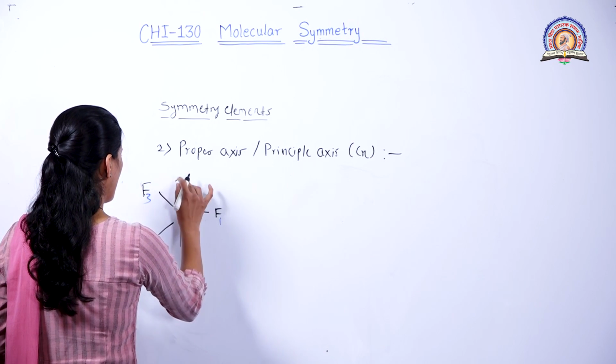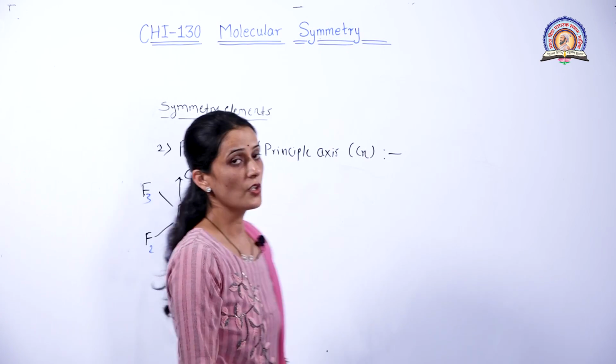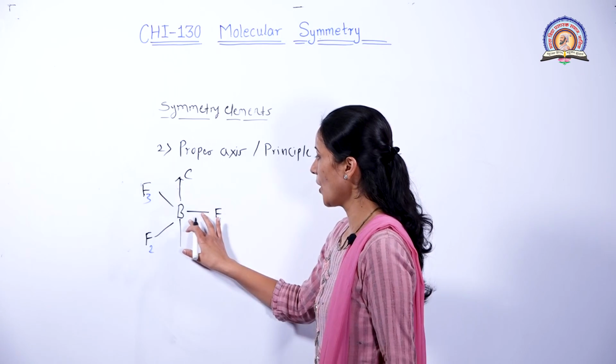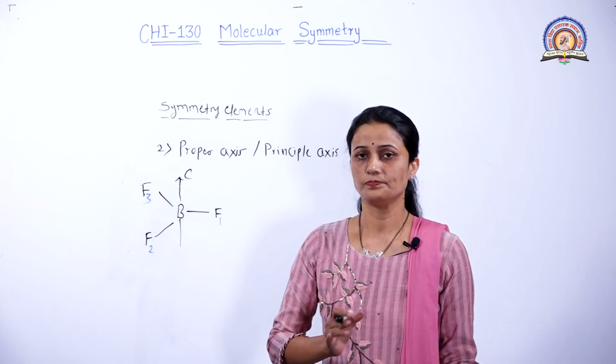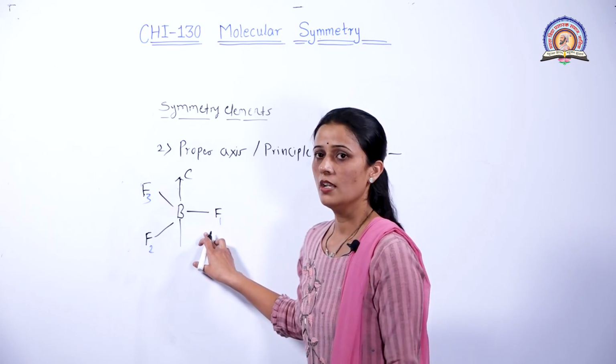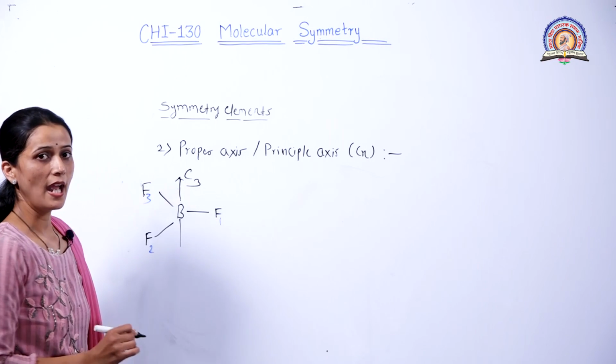And the rotation is C. So what is the degree of rotation? As this boron contains 3 fluorine atoms, the molecule has 3-fold rotation. So C3 is its principal or proper axis.